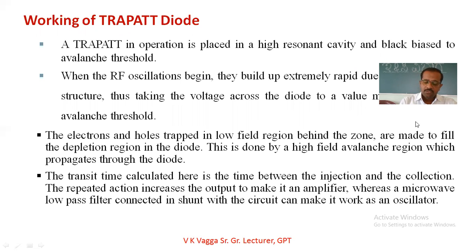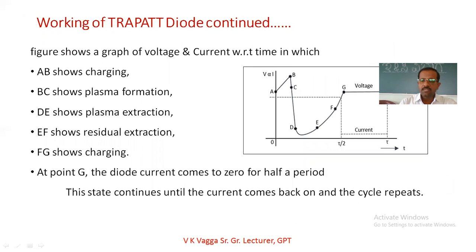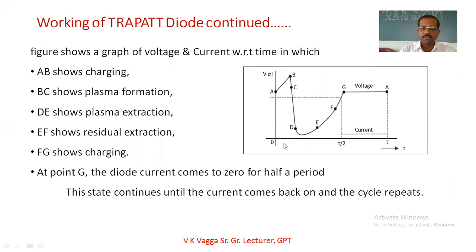Okay, so its working can also be explained with the help of a graph here. This is the graph of the voltage and current with respect to time. This part is for the half cycle, and this other part is for the other half cycle. Initially AB shows the charging.